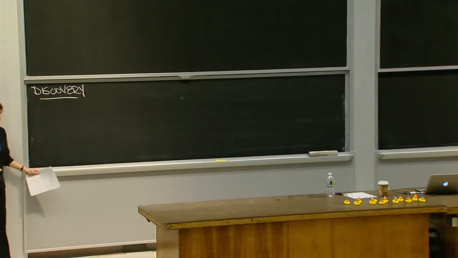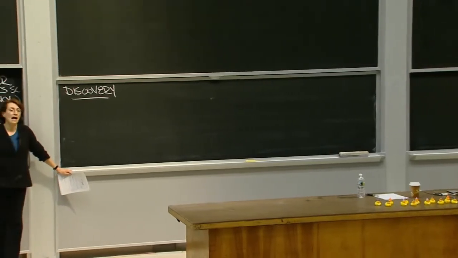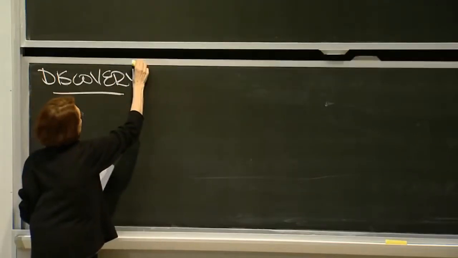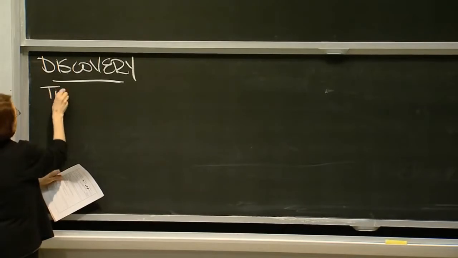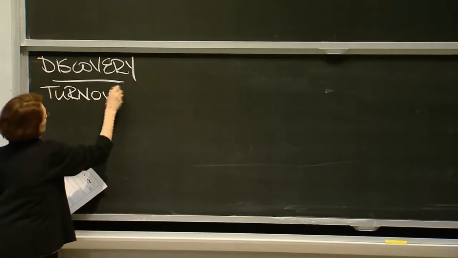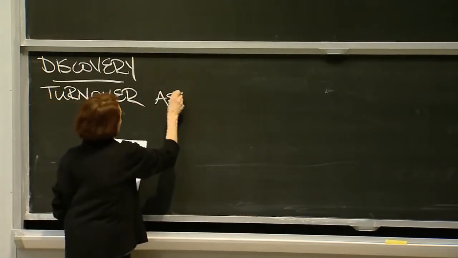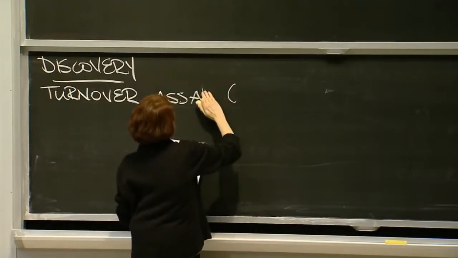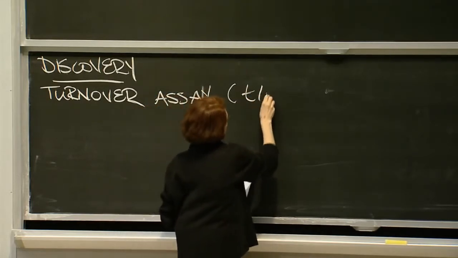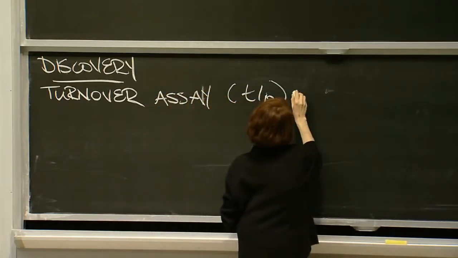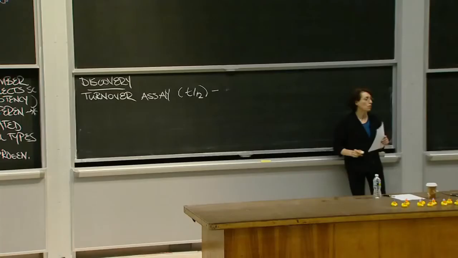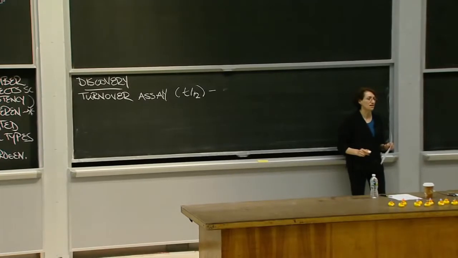And the discovery of stem cells came about because people looked to see how long cells lived. What they found, using a turnover assay that measures the half-life of cells, was that in almost all organs, in fact probably in all organs, cells did not live forever.